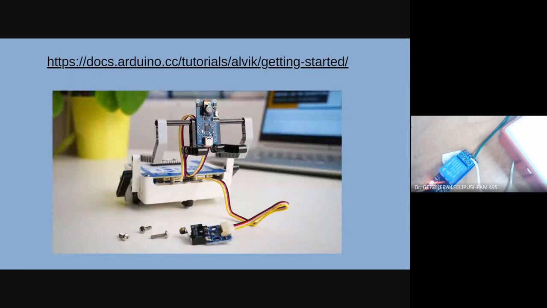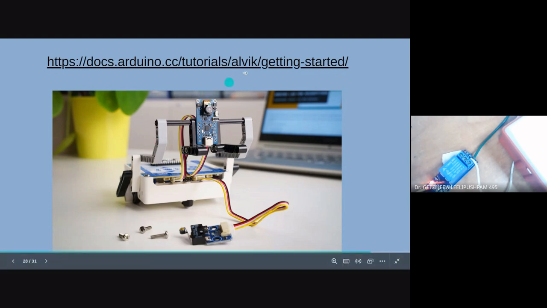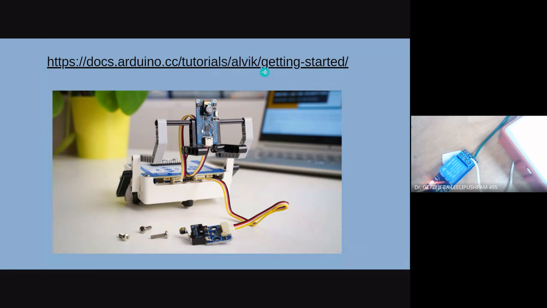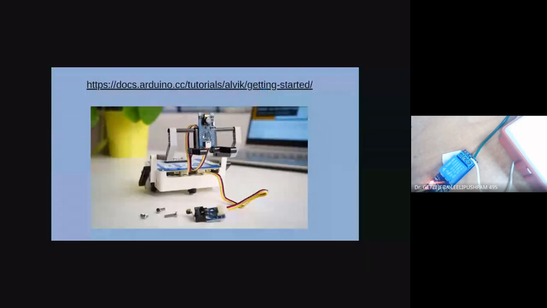And for those people who are interested in robotics, there is a product available with the Arduino called Albic. There are many features available in Albic. I'll show you what features are available with the Albic here. It's a very small add-on board.